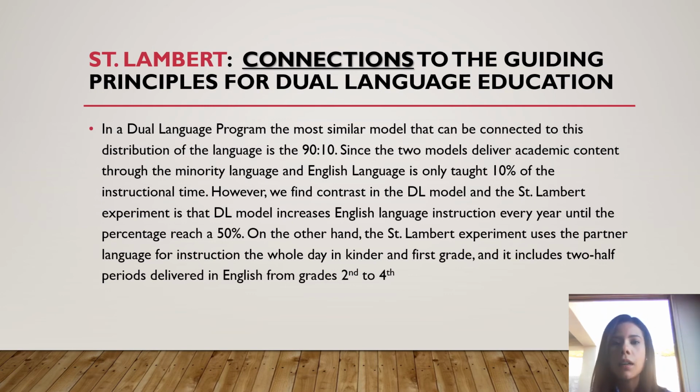However, we find a contrast: the dual language model increases English language instruction every year until the percentage is 50% in the partner language and 50% in English language arts.